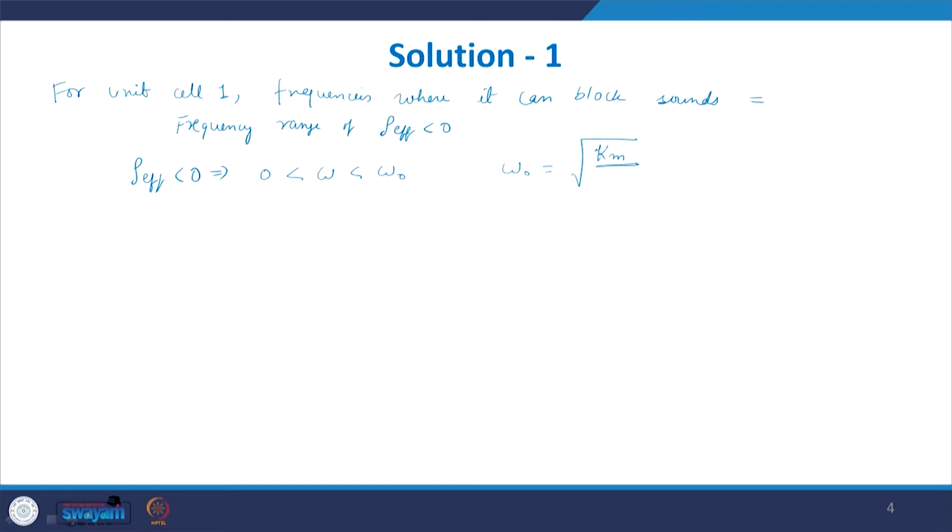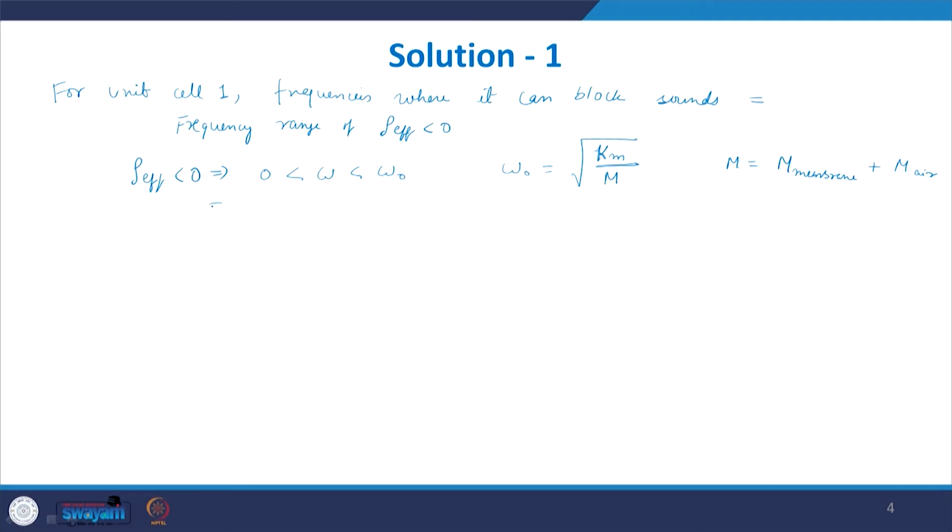Although the membrane is not very stiff, due to the tension applied it gives some stiffness to the membrane. So, omega naught is the square root of Km divided by capital M, where capital M is the mass of the membrane plus the mass of the enclosed air. So, this is given to us. Let us find out what this range is.